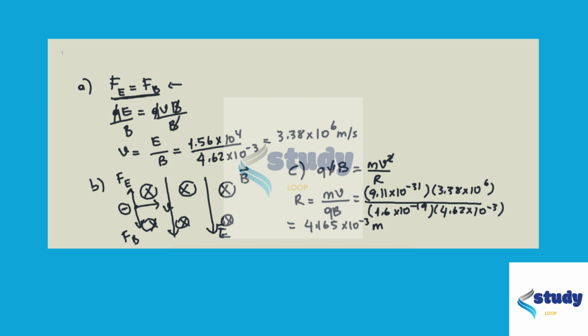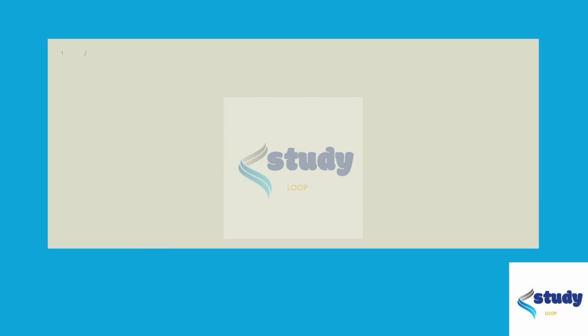Now, also in this part, we're asked to calculate the period of this rotation, because it's a circular motion. The period is going to be the distance traveled, in that case 2 pi r, the circumference of that circular trajectory, divided by the speed that we calculated.